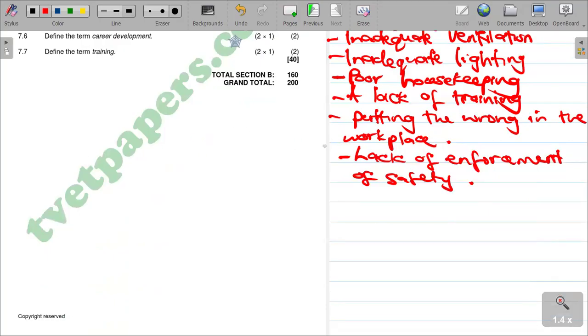It is also due to ineffective specifications for safety clothing.